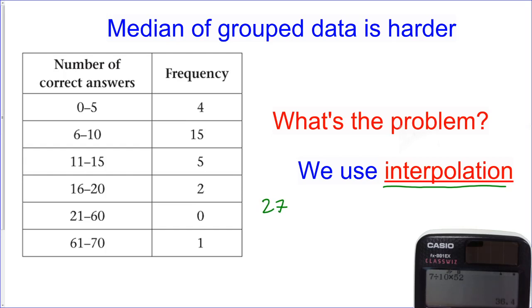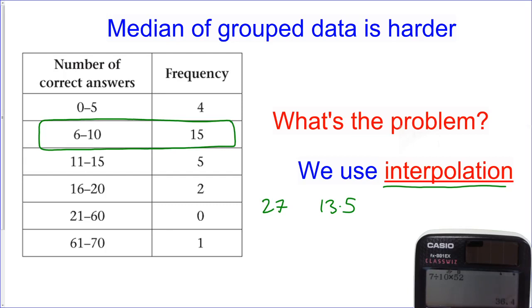If we were to divide this by 2, we get 13.5. Even if we rounded this up to 14, we still don't know what the 14th thing is. So we're going to have to use some kind of method to work out whereabouts in this class it is.